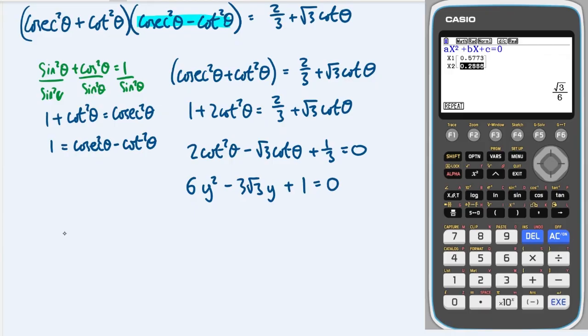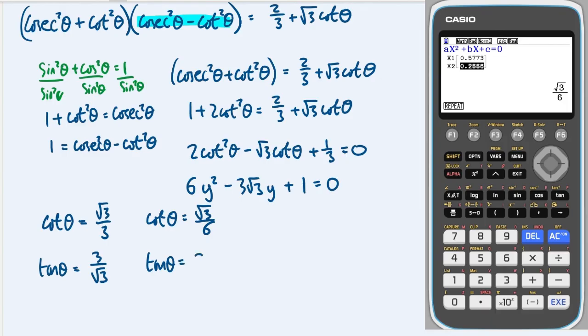Okay, so these are all y equals, so they're all cot equals. So cot theta is equal to root 3 over 3. And we also have that cot theta is equal to root 3 over 6. And cot is the reciprocal of tan. So if I want to convert between cot and tan, I just flip. So I'm just going to flip over like this. And now I'm going to find the values of tan.